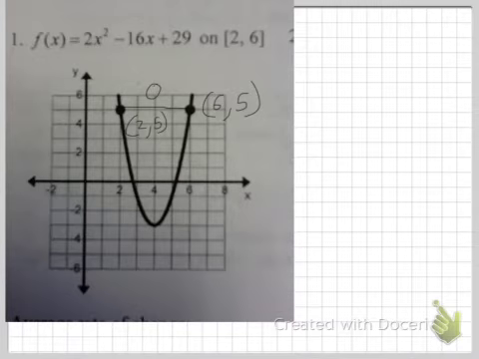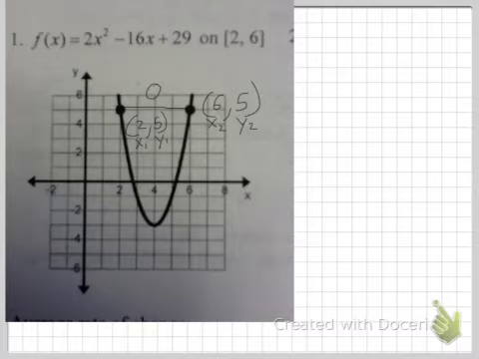So using my y2 minus y1 over x2 minus x1, let's go ahead and label these points. Let's call this x1, this one y1, this one x2, and this one y2. It really doesn't matter what you call x1 and x2 as long as you're consistent, meaning your x1's with your y1 and your x2's with your y2.